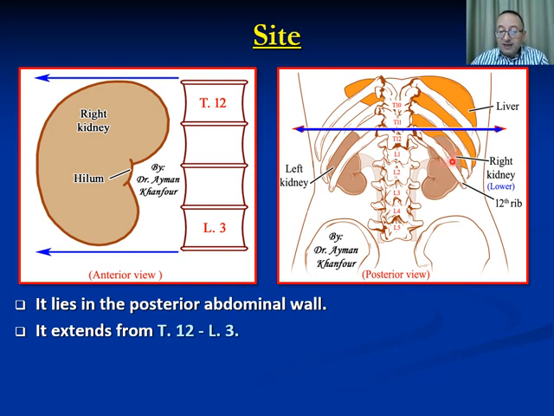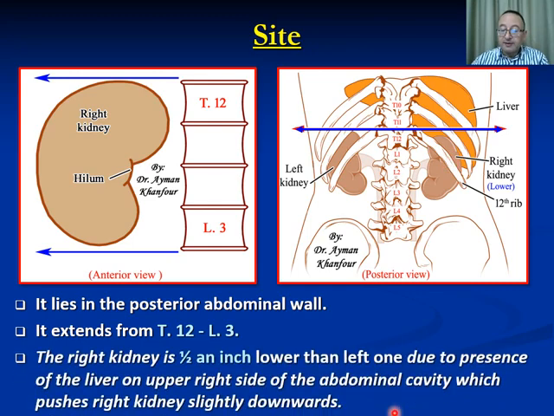What makes the right kidney slightly lower than the left one? Yes, the largest abdominal organ present on the right side, which is the liver, it pushes the right kidney slightly downwards. About half an inch compared to the left side.